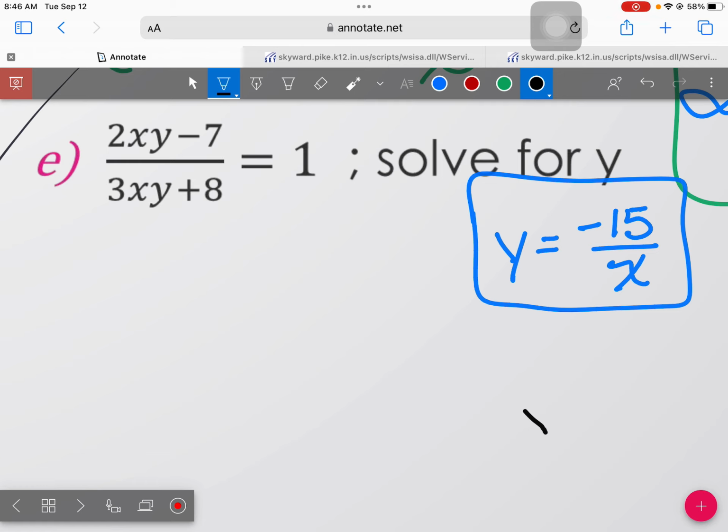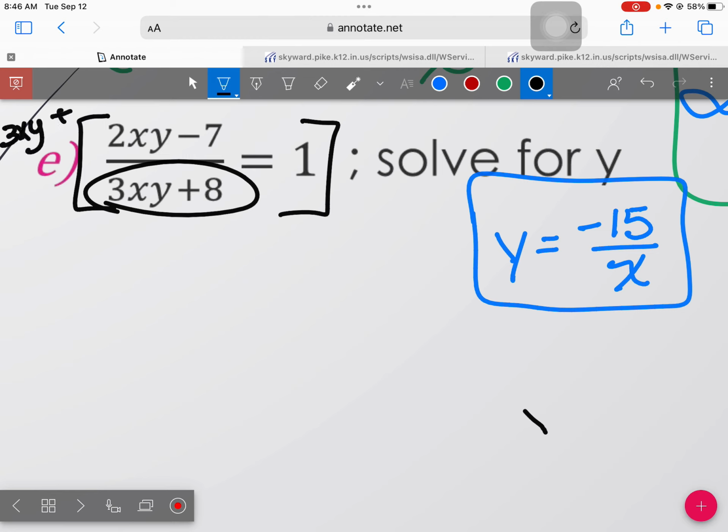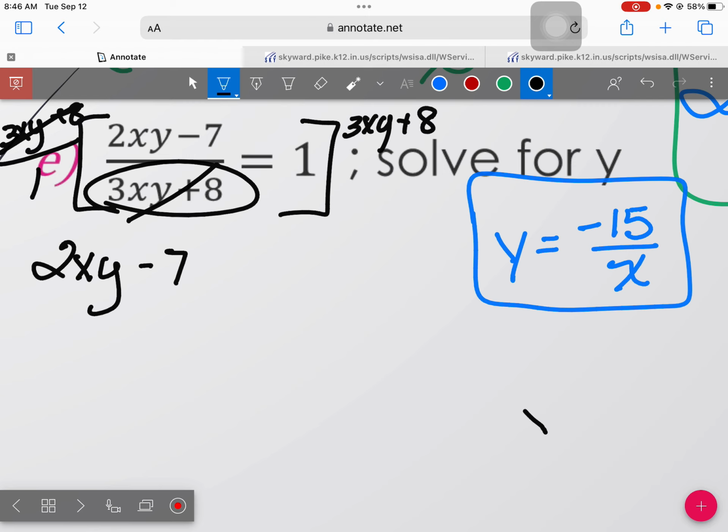Does everybody see that right now? Of course, to be able to see it, you would need to be looking at the board. All right, proceed. And then you could subtract 2xy from both sides and the 8 from both sides. Subtracting 2xy, because these are like terms, you want to get them on the same side. So I have 1xy, and you're trying to solve for, what are we solving for?